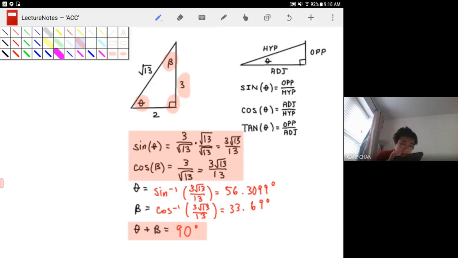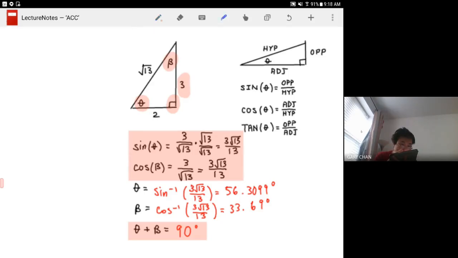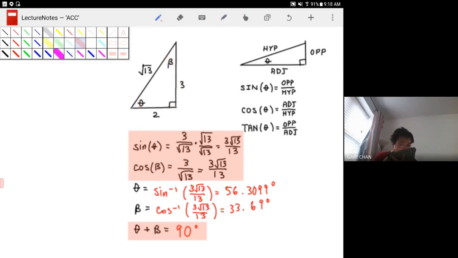That side, let me use another color now because it's getting kind of busy. So one more time. This side length 3 will always be opposite of theta, right? However, 3 is also adjacent to which angle?